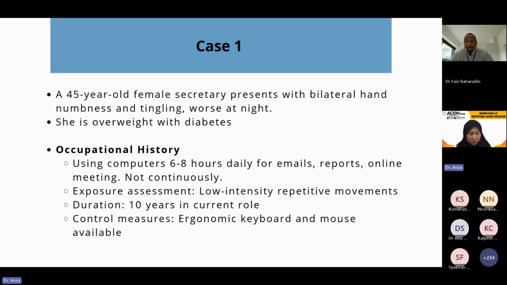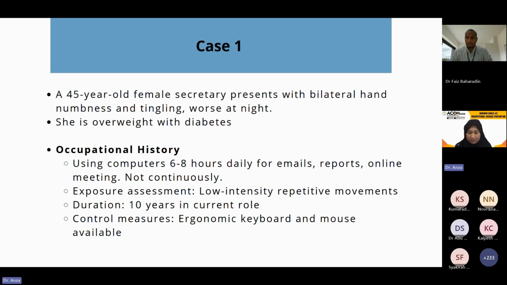She uses it for emails, report writing, online meeting, right? From the ergonomic risk assessment, because the keyboard is soft, there is low intensity of repetitive movement.